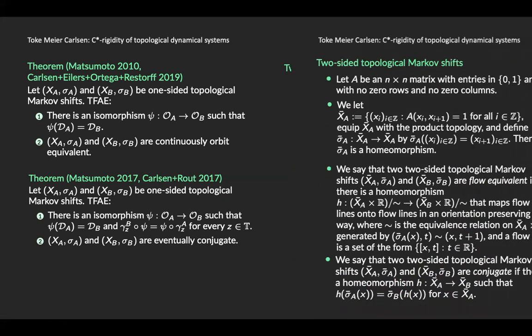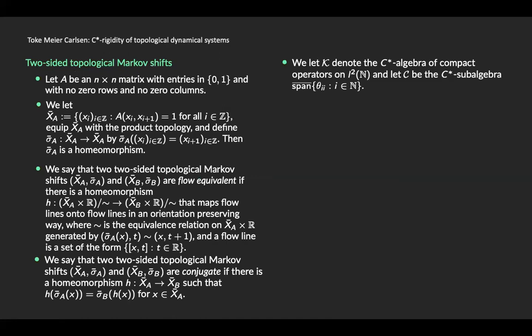And then finally, we let K denote the C*-algebra of compact operators, and C here is then the subalgebra of K generated by the diagonal operators.